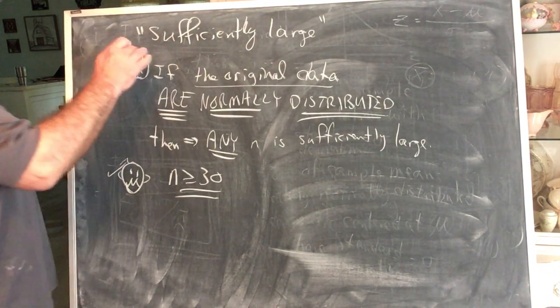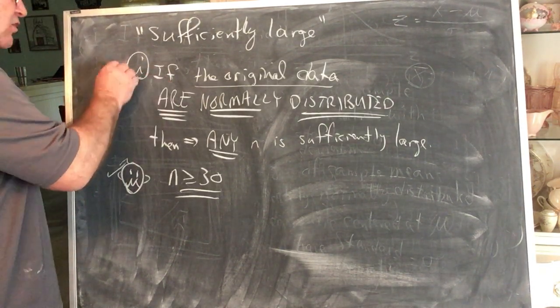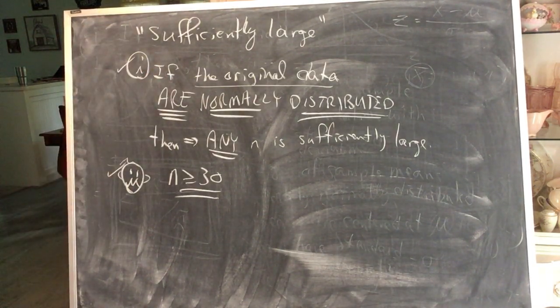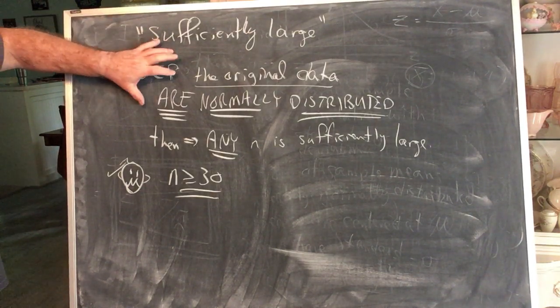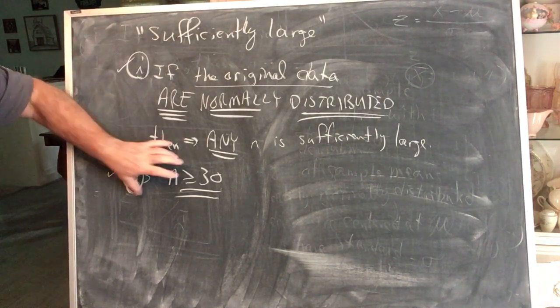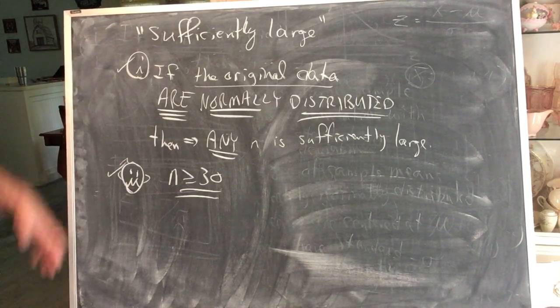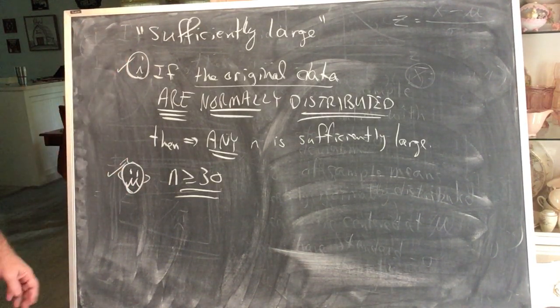If the population is known to be normally distributed, then you've met this condition, you're good to go. If you have met both, if it says the population is normal and the sample size is, let's say, 70, then coincidentally you've met both conditions and you're good to go.